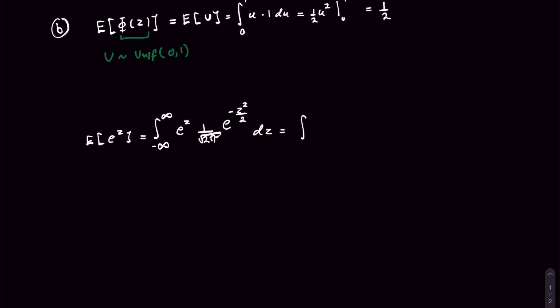We move out 1 over root 2 pi, and here we use the law of exponents like this, right?